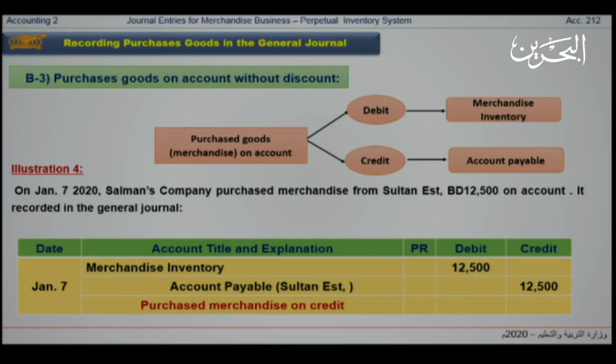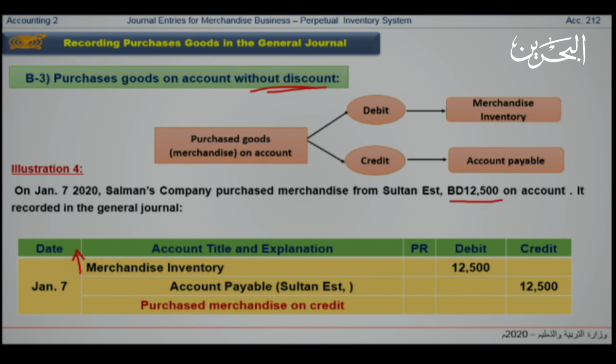Shifting to the purchase of goods on account without discount. In our example, Salman Company purchased merchandise from Sultan with an amount of 12,500 on account. On this purchase, I didn't pay cash. I keep it on account. So my merchandise inventory will increase because I purchased more inventory, but I didn't pay for this purchase.